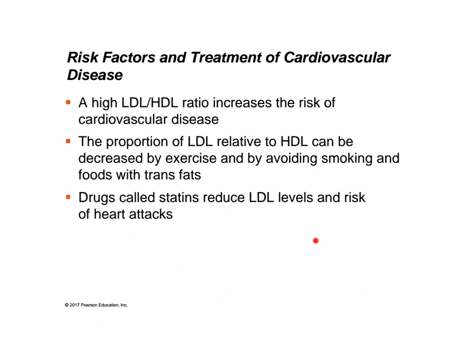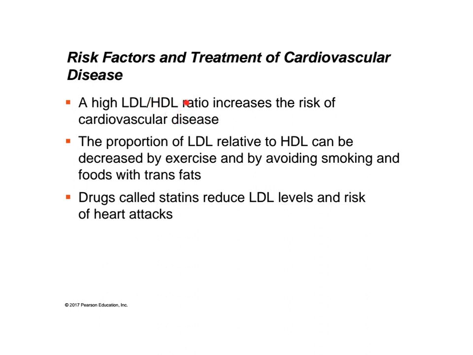So one thing that's good about cardiovascular disease is it's highly preventable. So a high LDL to HDL ratio increases the risk of cardiovascular disease. This ratio has a lot to do with the kind of diet a person has. So a diet that's rich in animal fat is going to lead to a higher LDL HDL ratio.